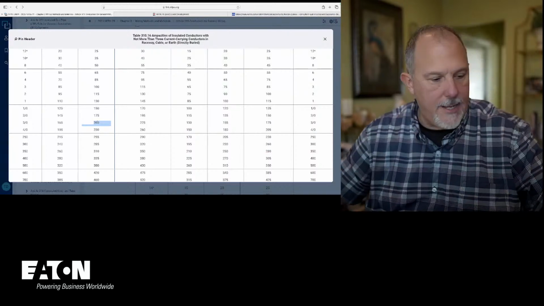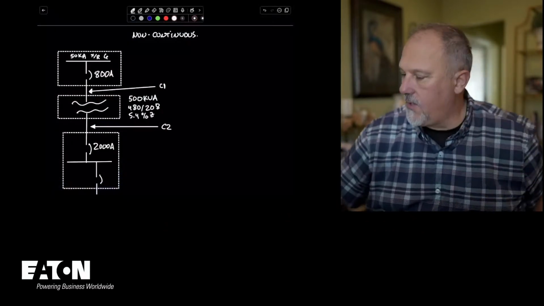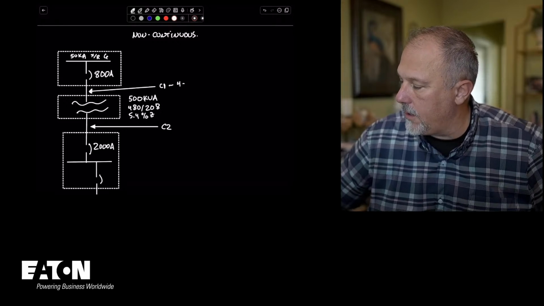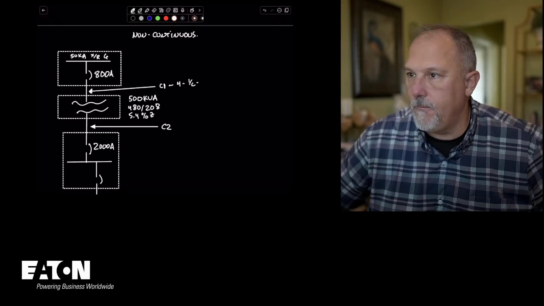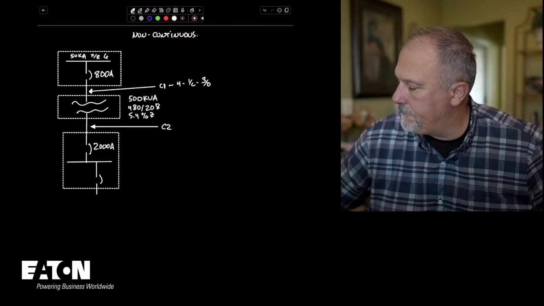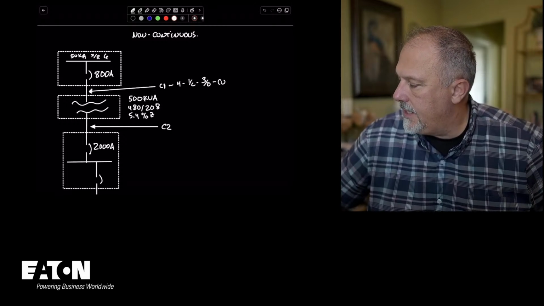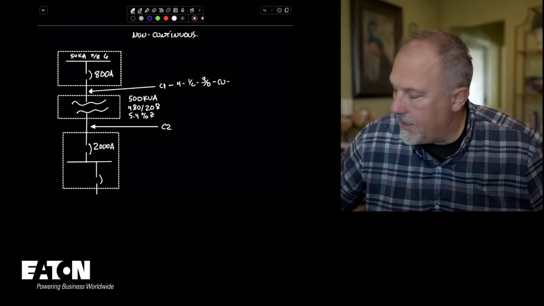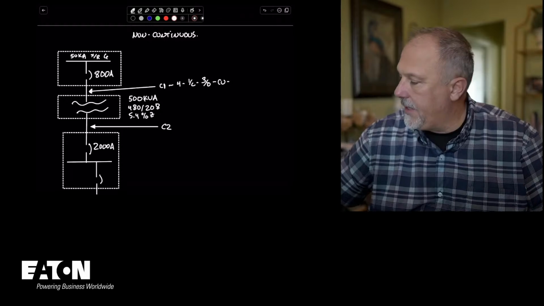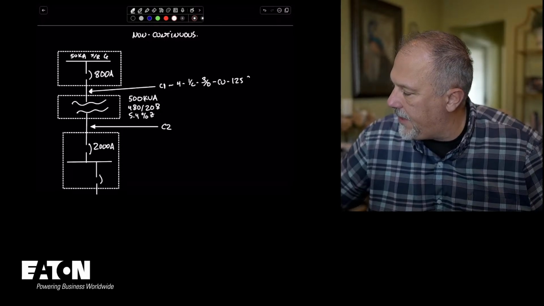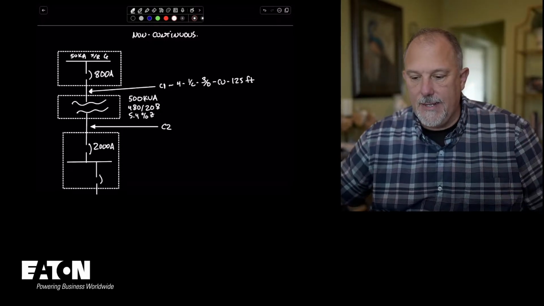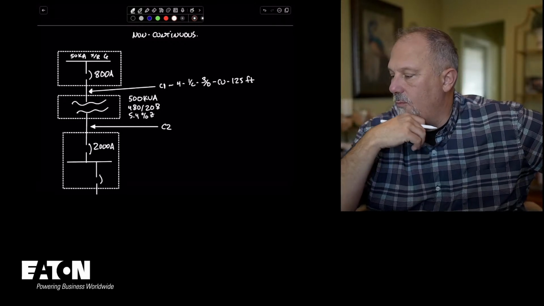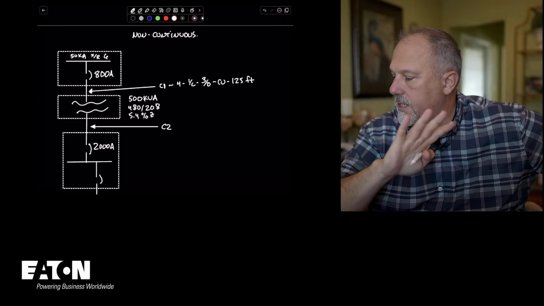I am going to go straight to say my conductor 1 is going to be 4 single conductor 3/0 copper, and I'm going to make it, I don't know, give me a length. I'm going to put 125 feet in there unless somebody says different. So I'm going with 4 single conductor 3/0.